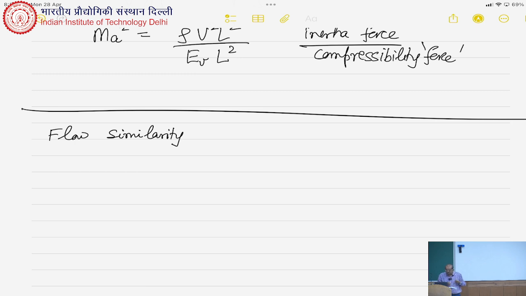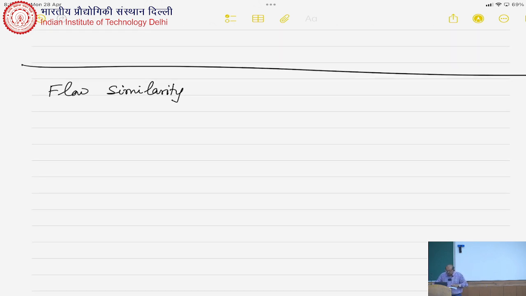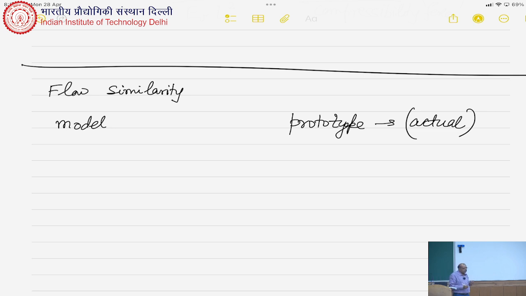what we realize is we talk of flow similarity. In flow similarity, there are two things, a model and a prototype.